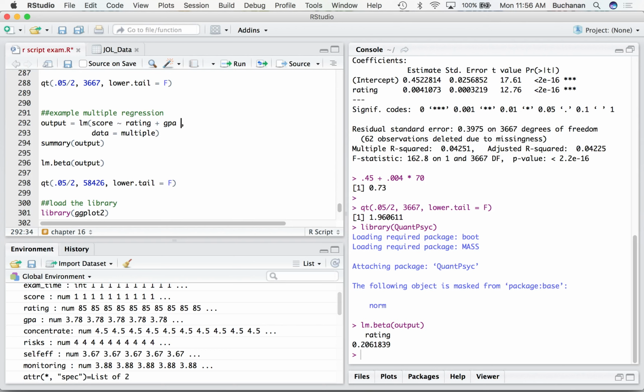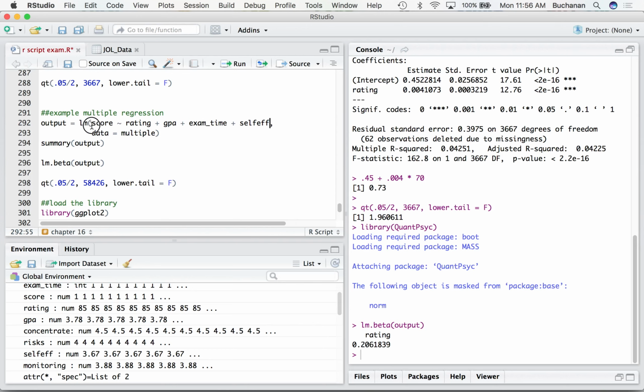So let's look at their previous GPA, the exam time. So do their scores change across semester? And then if you watched the correlation video, you know that self-efficacy was related to their ratings, so maybe self-efficacy will be related to their scores. So their self-efficacy predicts their ratings. Maybe it'll also predict what they actually made. So we'll just pick those 4 just to kind of keep it easy.